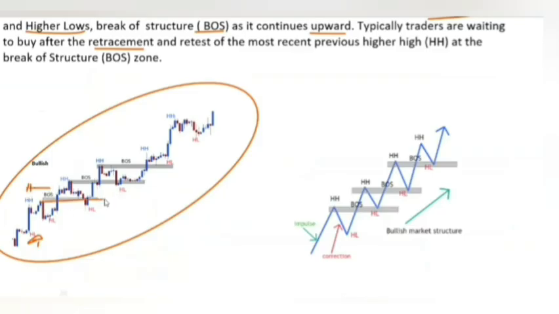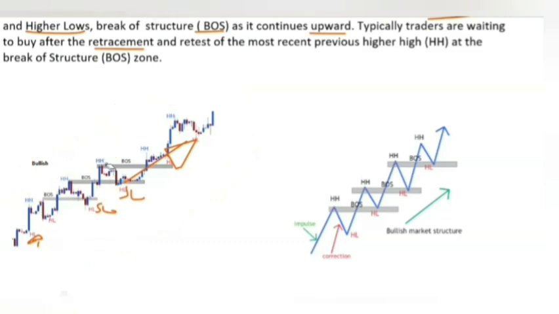There is also a break of market structure, and this is a swing low, this is a swing high. As the market continues up, this is another swing high, this is another swing low, creating that discount for buyers to buy and continue that trend to the upside.